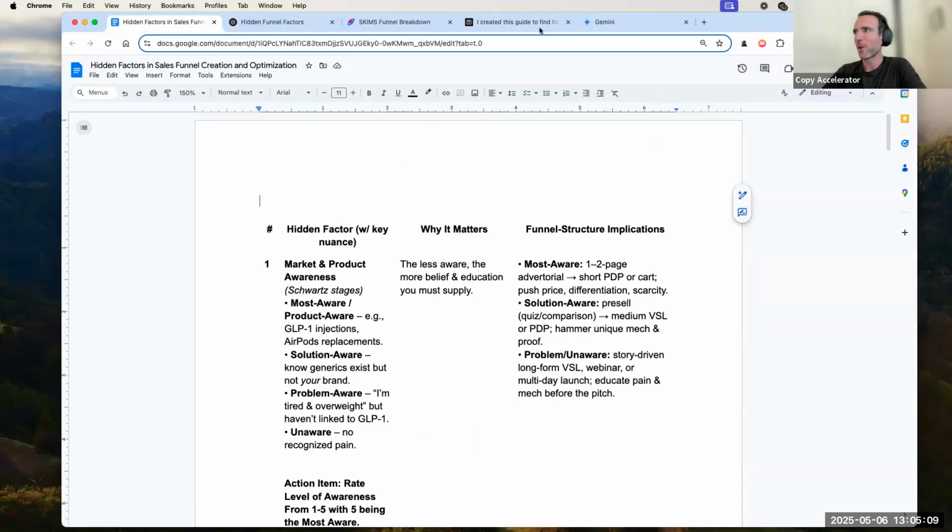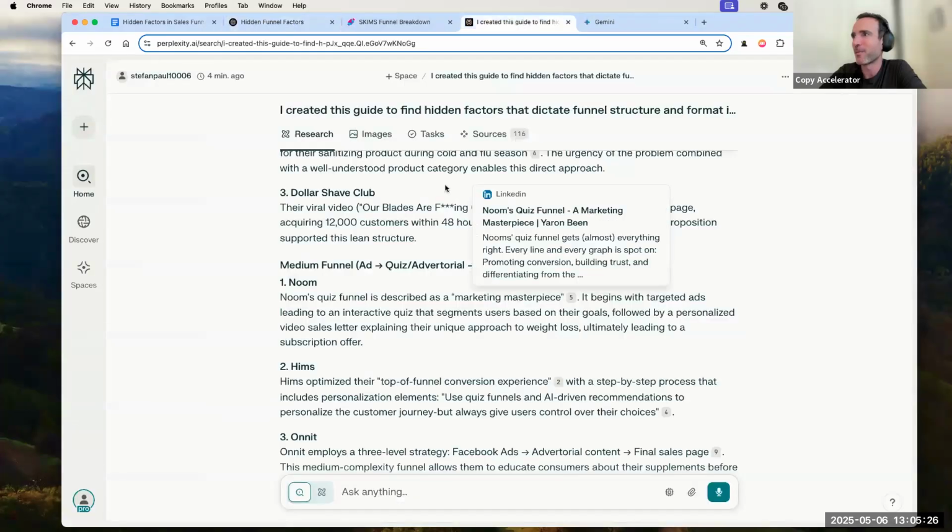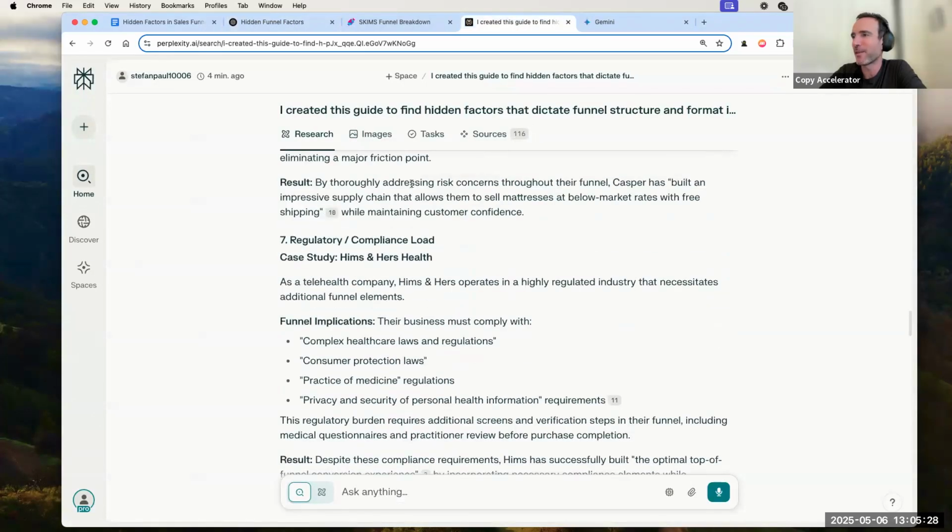So we'll start by going through what these factors are, and then we'll do our best to look at examples. Gemini has been doing case studies and has gone through 362 websites. I also used Perplexity for deep research to look for case studies and examples of funnels after I had this.